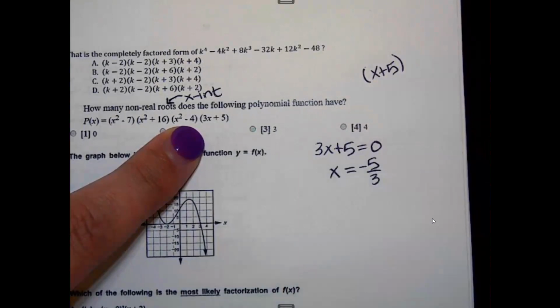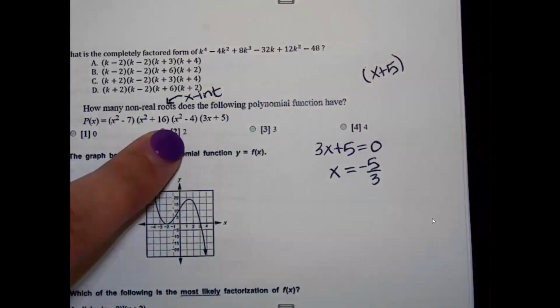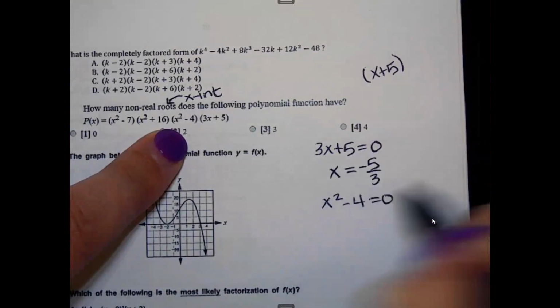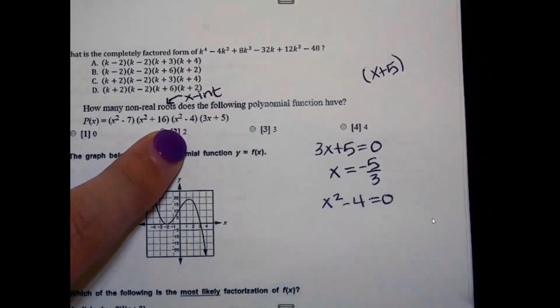That's not a problem. That's a good answer. If we get x squared minus 4 equals 0, I can add the 4 over, I can square root 4, that's not a problem. How many answers do I get when I square root 4? I get 2 answers, plus or minus 2.